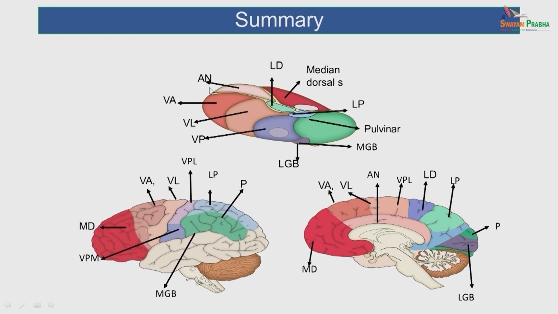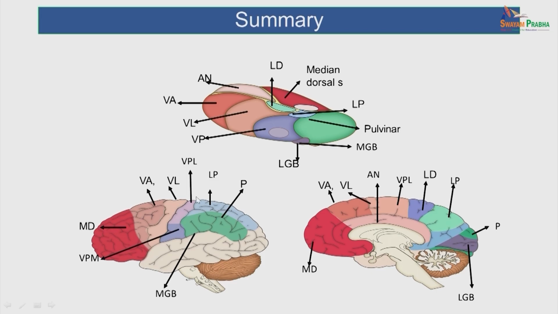The ventral anterior and ventral lateral are connected to the associated motor areas on both surfaces of the cerebral cortex. Then we have the VPM and VPL nuclei connected to the specific sensory cortical area.